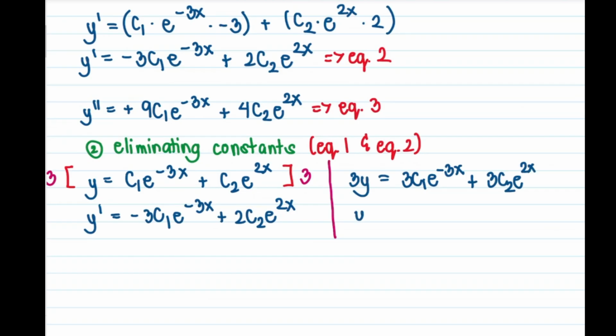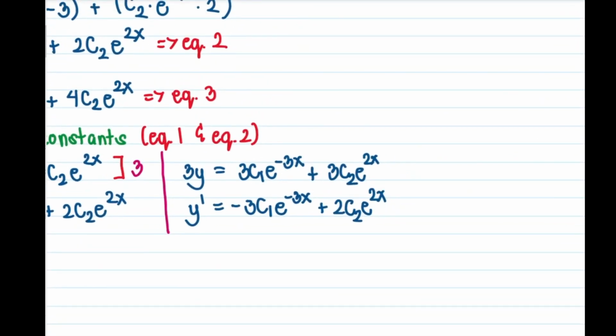So y prime, then copy this equation. y prime is equivalent to negative 3c1 e raised to negative 3x plus 2c2 e raised to 2x. So after that, let's simplify these equations. So this one will be cancelled out.